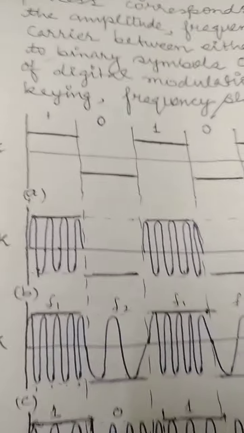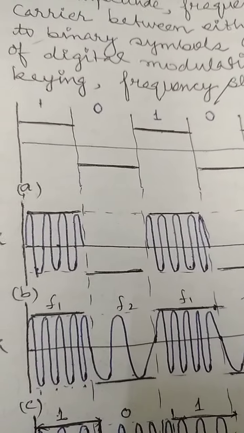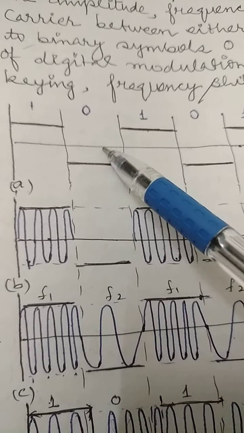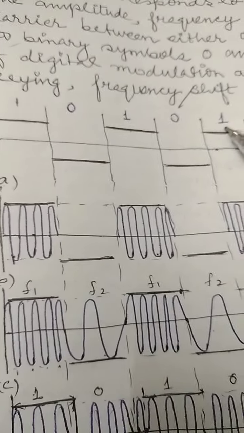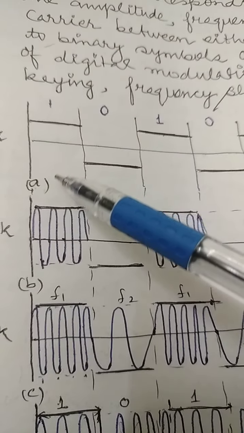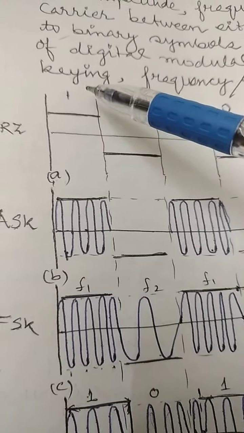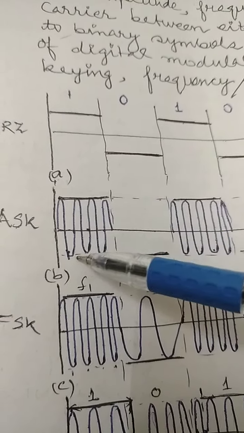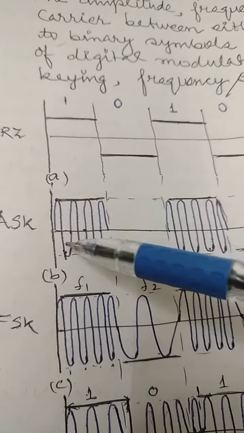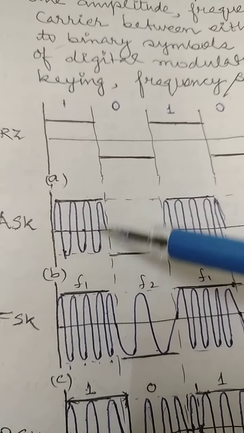Here we have given you the details of the waveform. Now we'll take the example. Here you see we have taken a sequence 1 0 1 0 1. For ASK, amplitude shift keying, this is one method by which we can represent logic 1 by a wave of some particular amplitude.